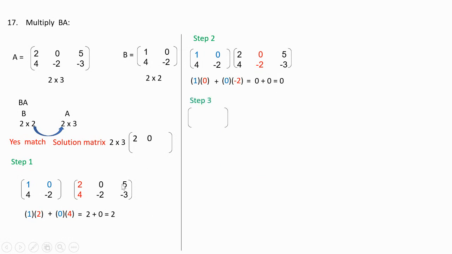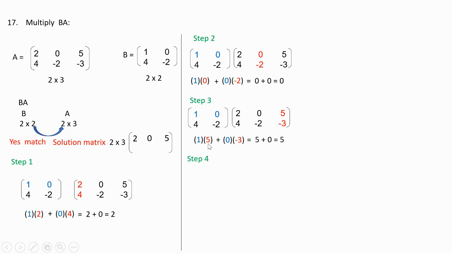Now step 3, I need to multiply row 1 times the third column. The third column is in red. So we multiply 1 times 5 and add it to 0 times negative 3. This will give us 5 plus 0. The answer is 5, so the 5 will be the first row, third column. Here, guys, we stop and go to the next row because there are no more columns to multiply by. That was the last column.